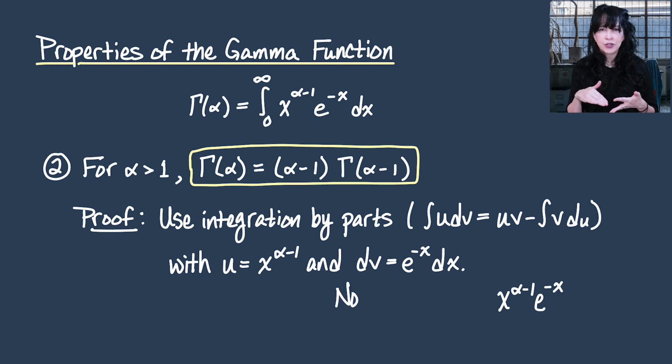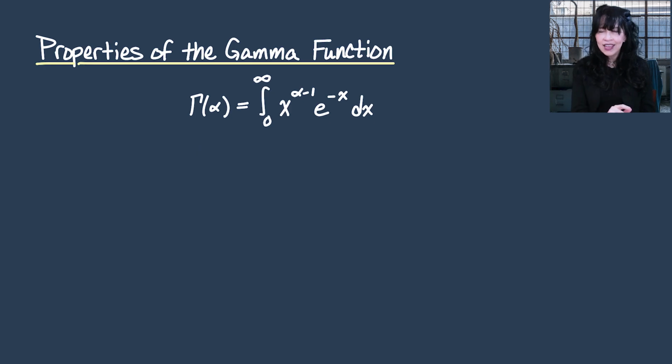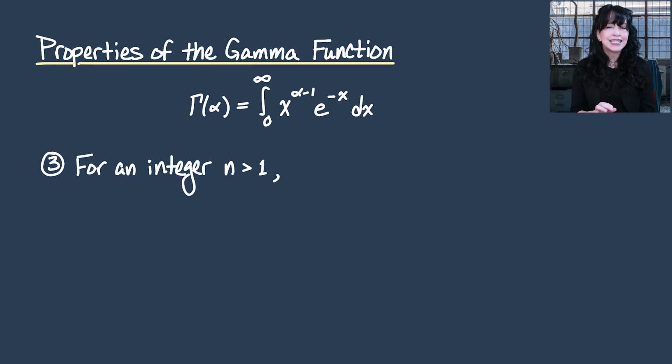So the limit as x goes to infinity of x to the alpha minus 1, e to the minus x is 0. And you can show this using L'Hopital's rule. And this is going to be part of what you'll have to deal with when you carry out this integration by parts. But otherwise, it's not too hard to show that gamma of alpha is alpha minus 1 times gamma of alpha minus 1.